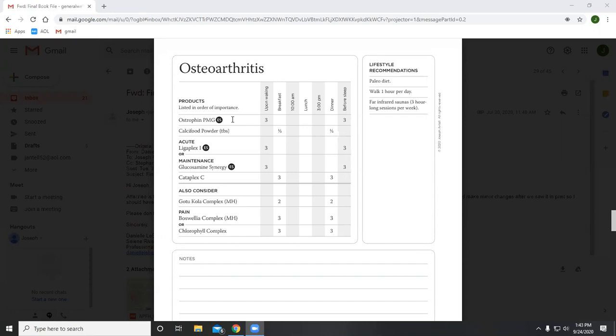And of course, how many people in the United States have osteoarthritis? I don't know when this was researched, but 50 million people are affected. It says 30 to 53 million, but this was done years ago. So I would say 50 million have osteoarthritis.